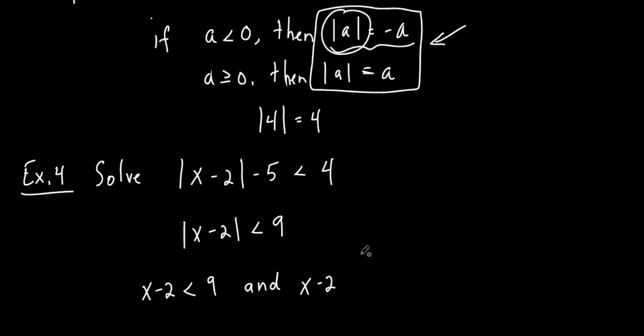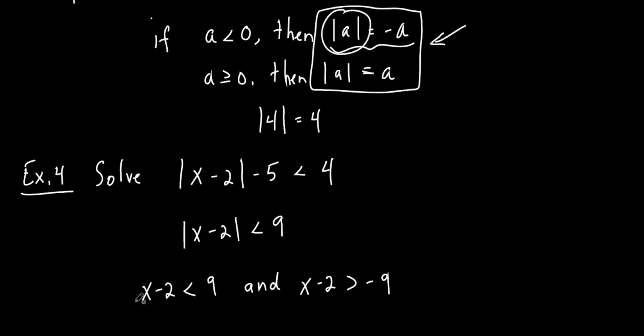Let me just double check. I wrote the answer right. Yeah. So now watch what I'm going to do. I'm going to change two things. I'm going to change the inequality, and I'm going to change the sign. Okay? So I'm going to make this greater than, and instead of a positive 9, I'm going to make that a negative 9.